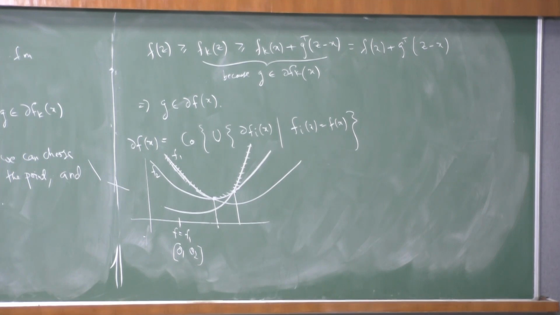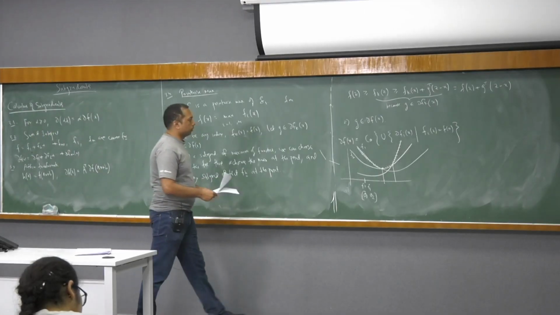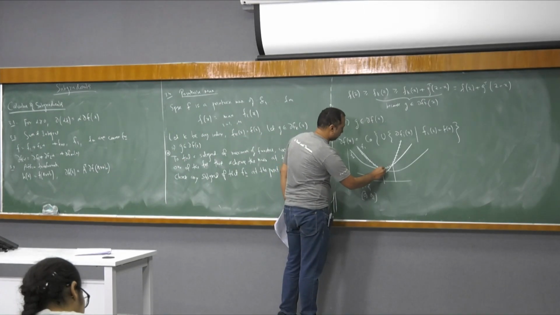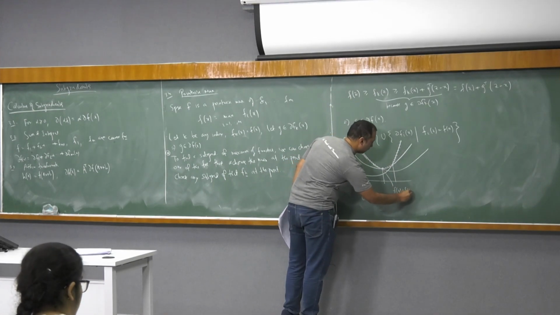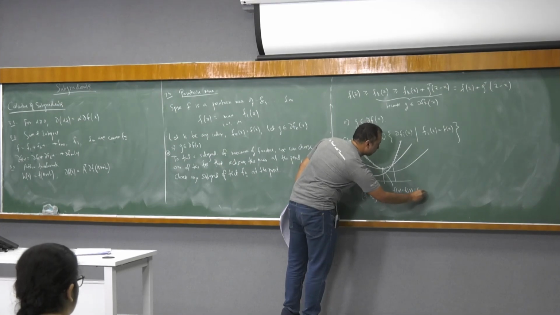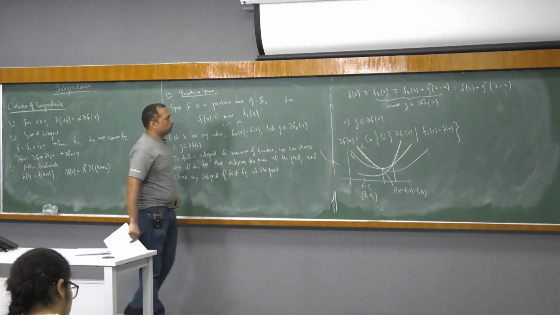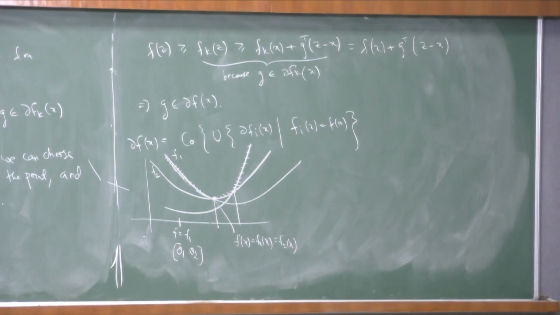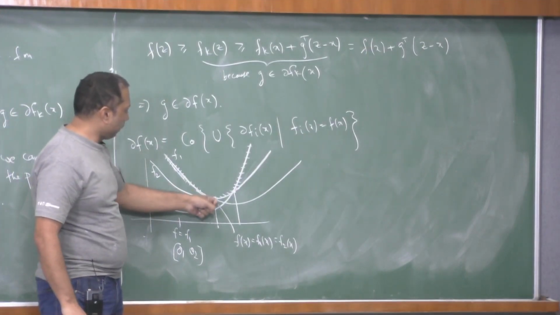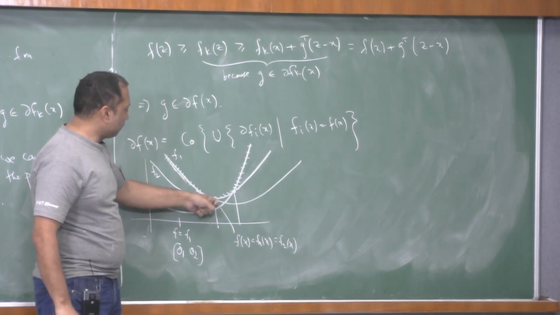Here it changes, right? So here f(x) is both f1 and f2 also, because this one is also equal, right? So here f(x) is f1(x) and also f2(x). So you are supposed to take all those subdifferentials for f1 and subdifferentials for f2.